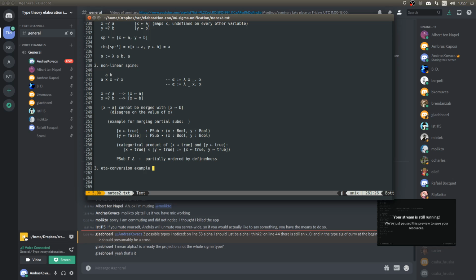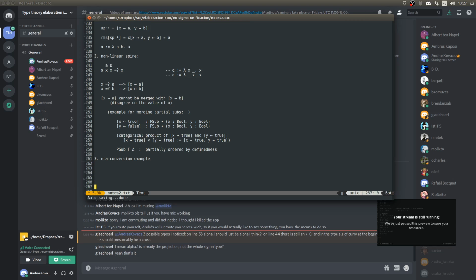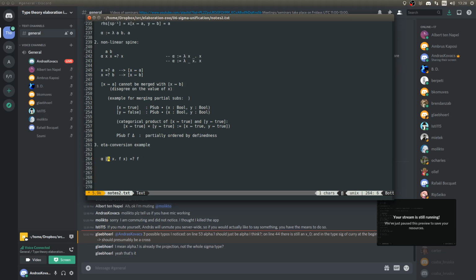But we do not have to eta reduce anymore, and we can handle it in a very efficient way. Agda would need to do an eta reduction here, but our algorithm just has to unify this thing with A, and A is the first argument of the solution, or the first variable in the data.